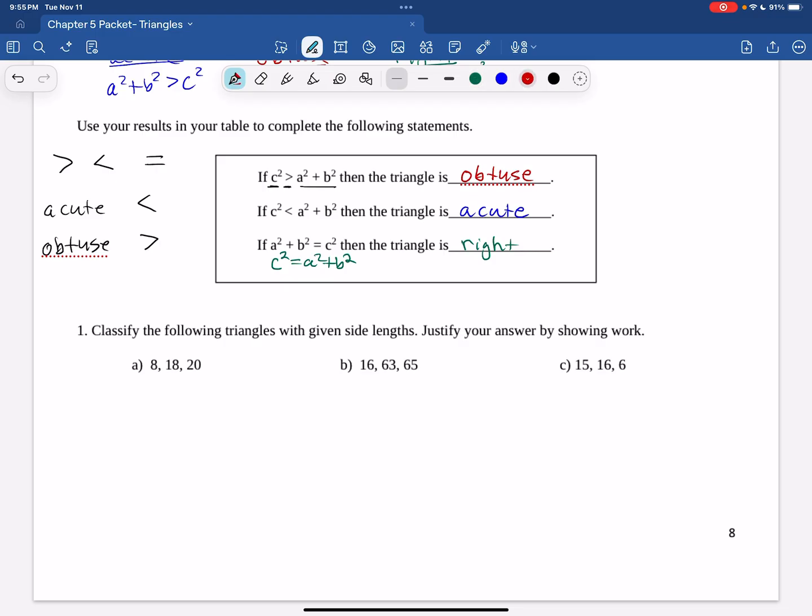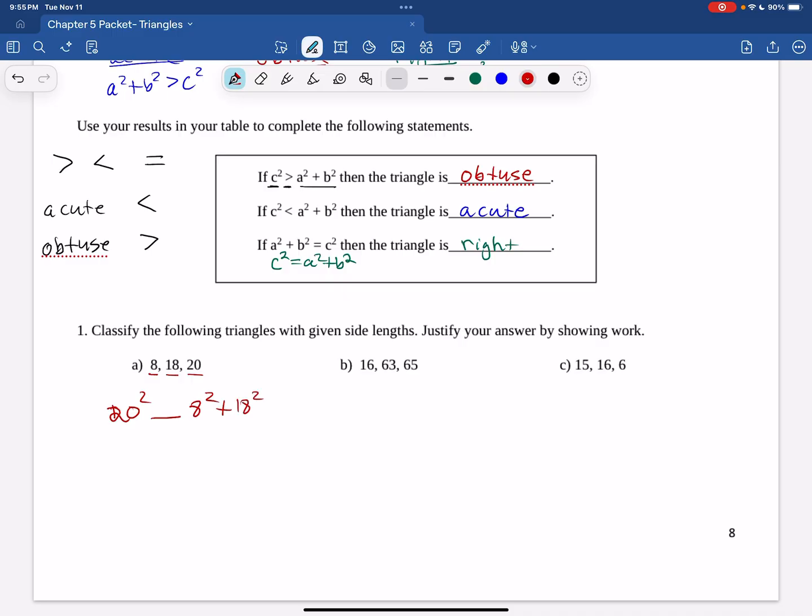First off, we need to make sure that we choose the two smaller ones for a and b, and the third one for c. So we've got 20 squared, and we're going to compare that to 8 squared plus 18 squared.